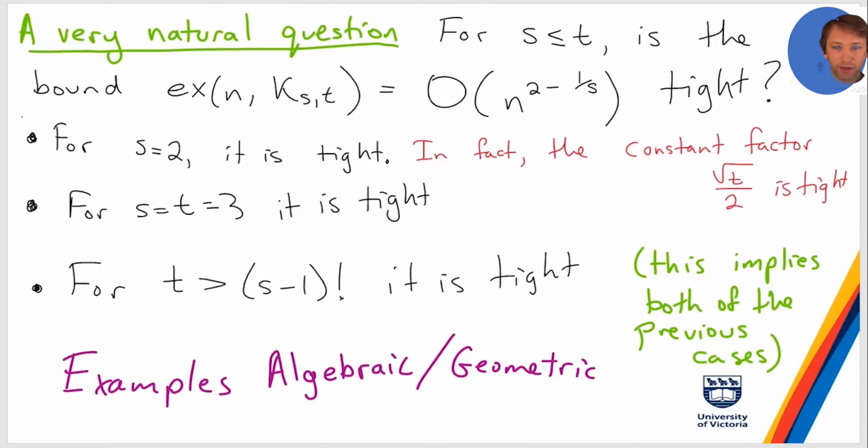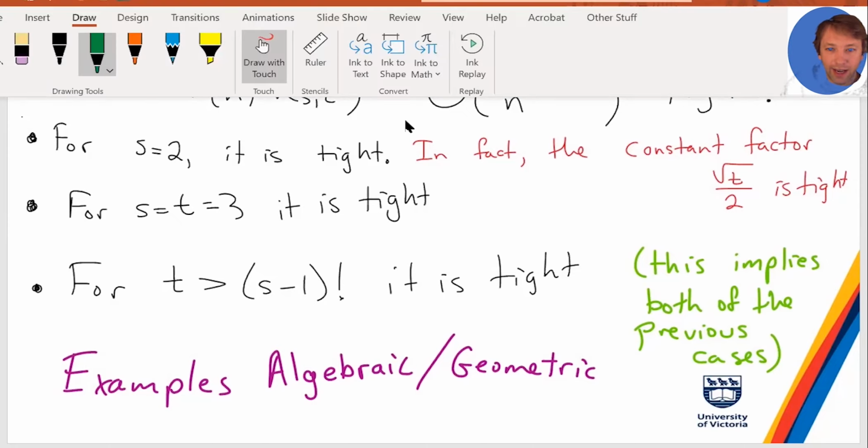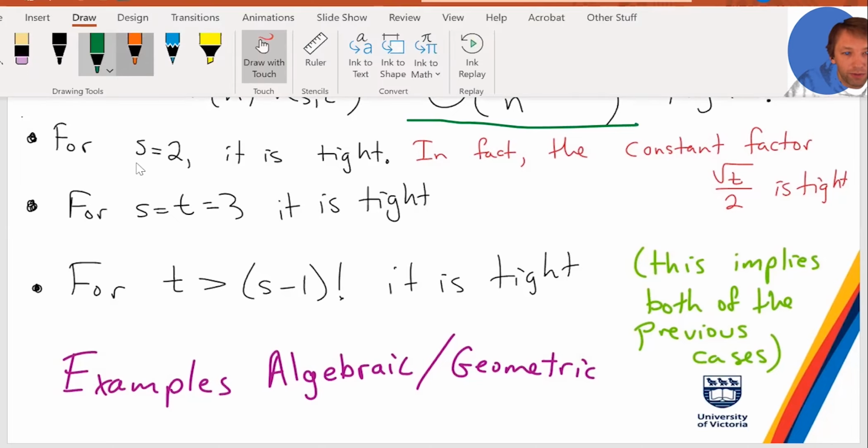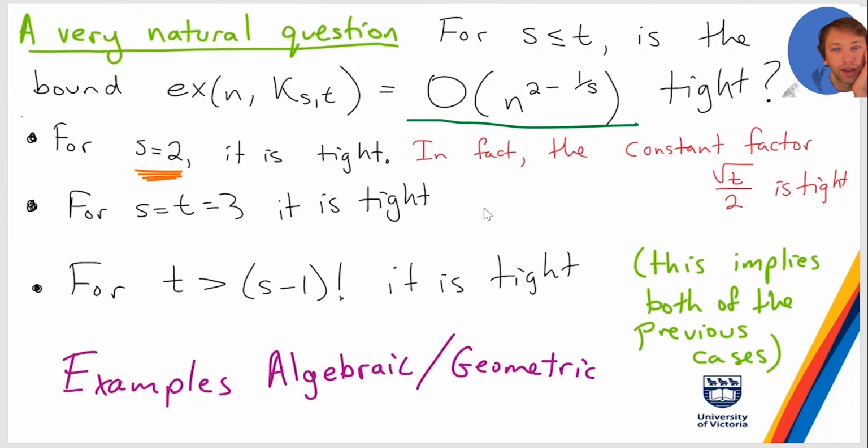So the bound that we proved is something like n to the 2 minus 1 over s, where there's a constant factor which depends on t and s. But if we just care about roughly how things work, this does turn out to be tight in a few cases. For the case s equals 2, it is tight. In fact, the constant factor you get, the 1/2 (t minus 1) to the 1 over s, if you plug in s equals 2, you get roughly the square root of t.